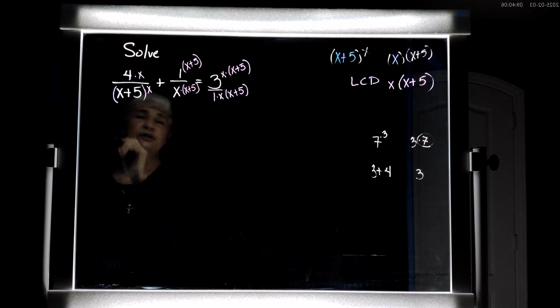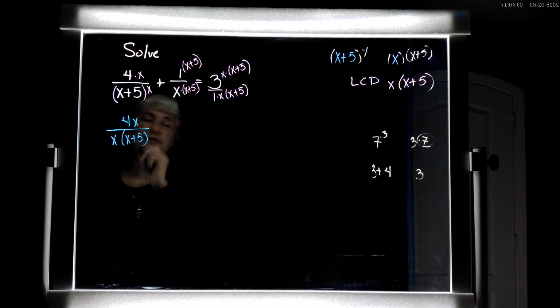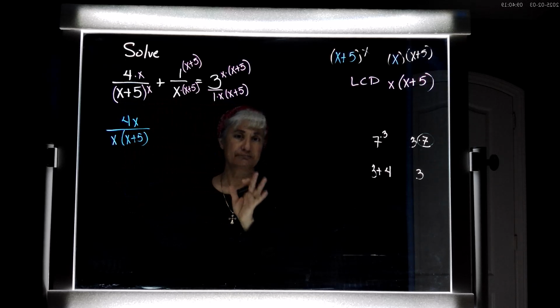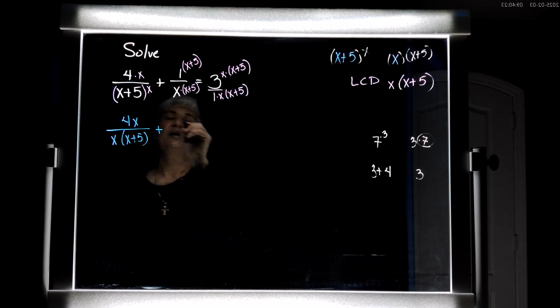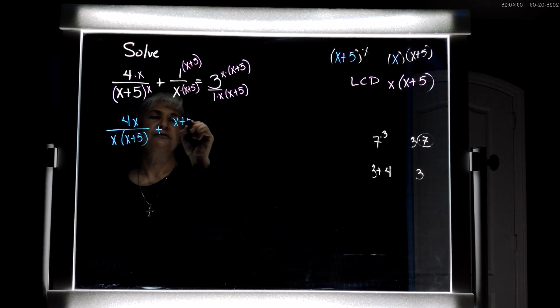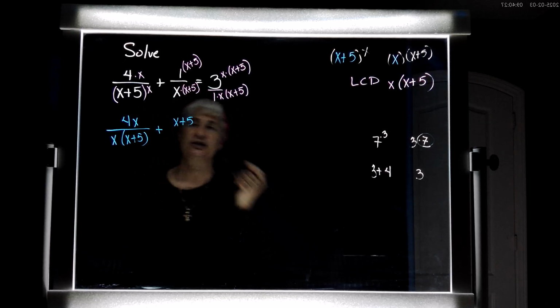So let's see what this looks like. First fraction. What do you have in the numerator? 4x. And the denominator is simply made up of x times x plus 5. I'm not going to multiply them together. To be honest with you, it's a waste of my time. Cool? Okay. The second fraction, x plus 5 in the numerator, because you multiplied by 1, so it's not changing.